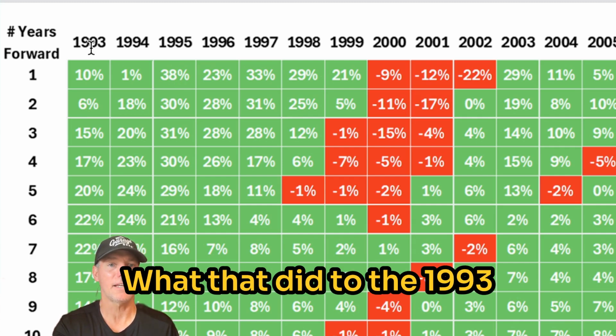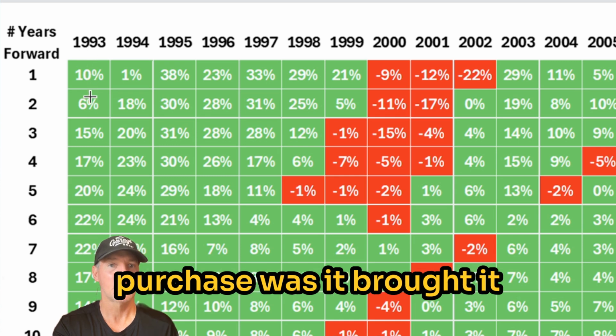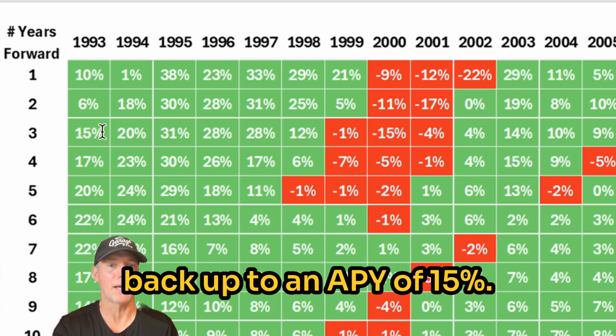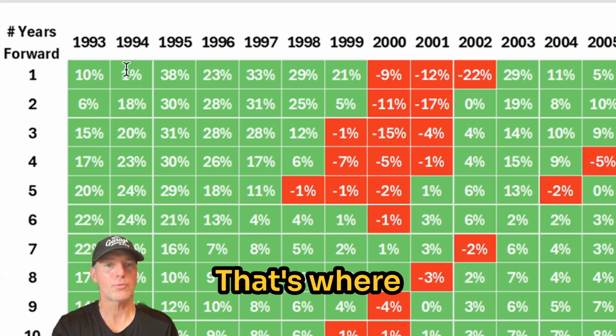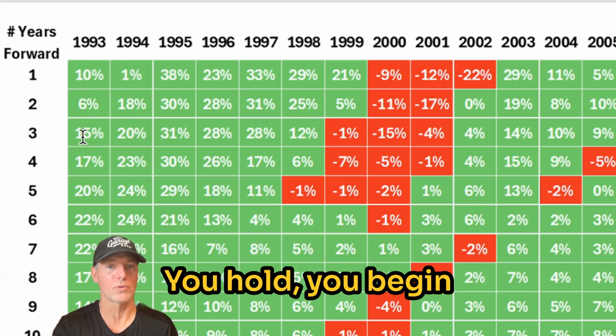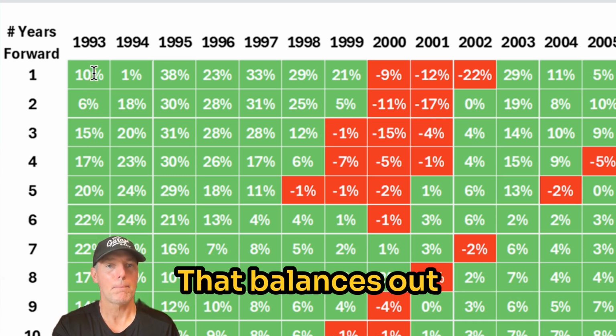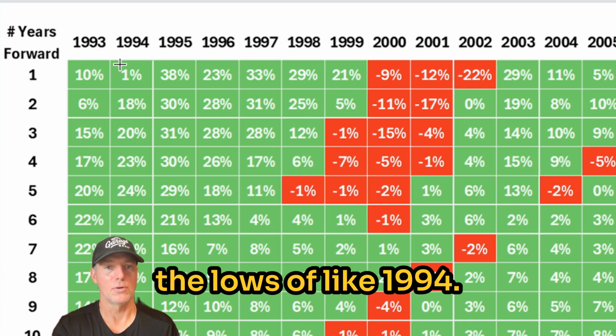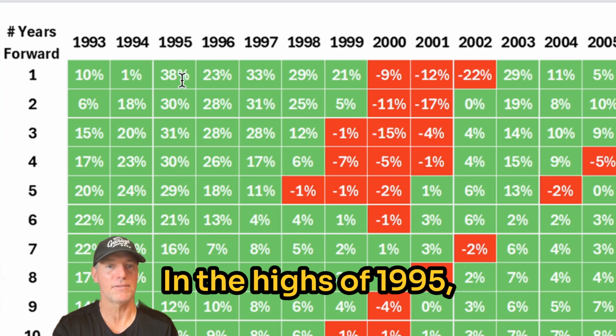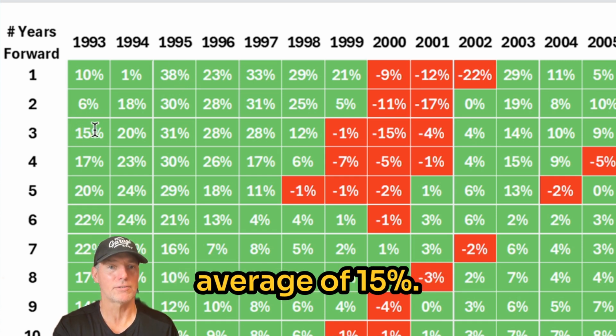What that did to the 1993 purchase was it brought it back up to an APY of 15%. So that's where the longevity, as you hold, you begin to get an annualized percentage rate that balances out the lows of like 1994 and the highs of 1995 to give you a nice average of 15%.